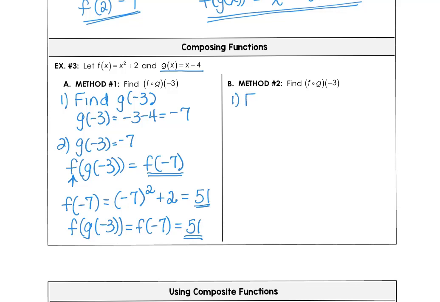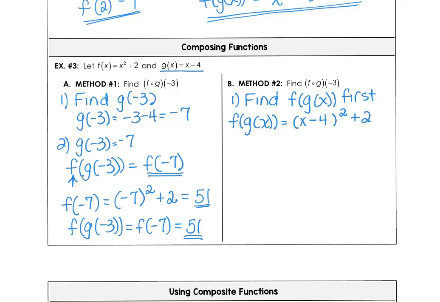So in part B, first we're going to do the actual composition, and we'll find the function f of g of x. We'll do that first. So using our notation correctly, the f of g of x tells us to write down the f function, which is x squared plus 2, and in place of the x, we're going to substitute the g function, which is x minus 4.